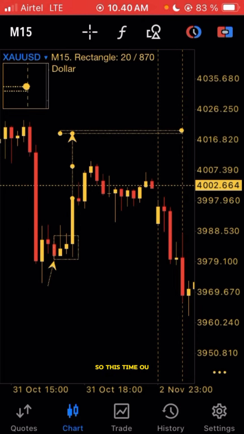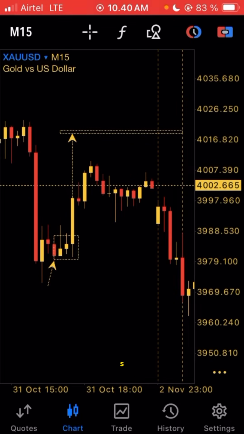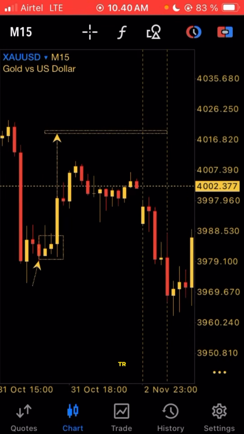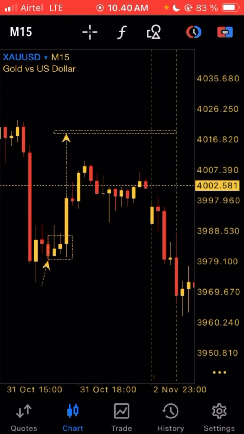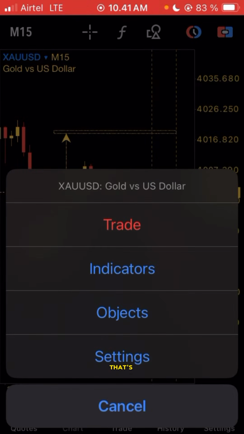So this time our TP was not hit. Remember, this is just an example, okay? I'm not necessarily telling you guys to trade any setup anyhow, but I'm trying to explain so you can know what the setup looks like, and that is how the setup looks like.